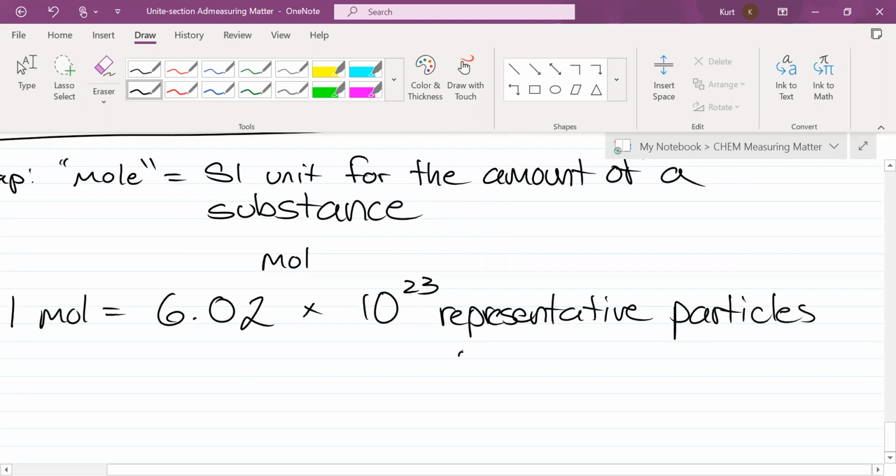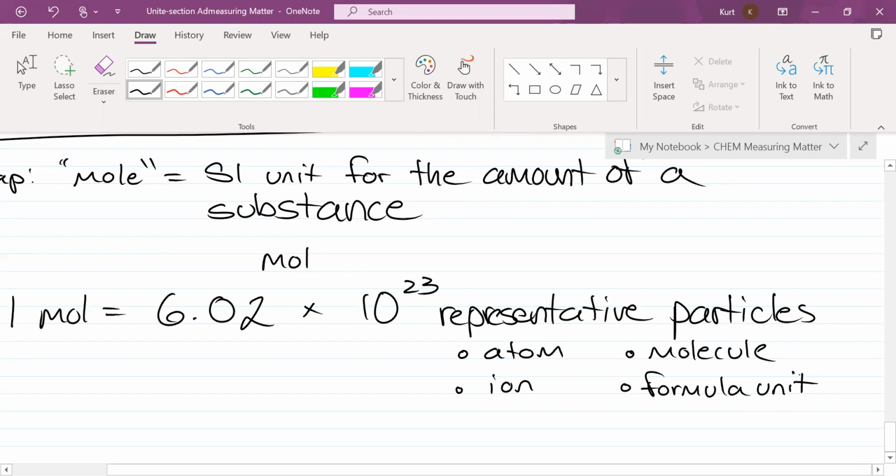A representative particle can be an atom, an ion, a molecule, or a formula unit. That's on a case-by-case basis.